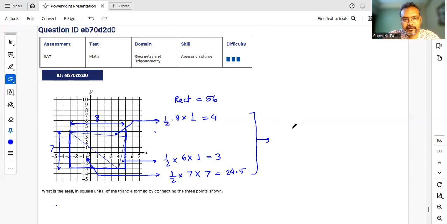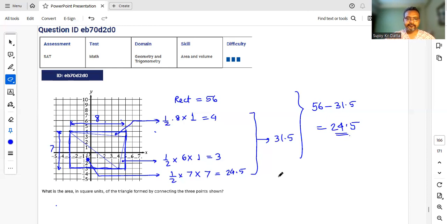So the total area of the three triangles is 4 plus 3, 7, plus this, 31.5. So the required answer is 56 minus 31.5, so 24.5 is the answer. 24.5 square units. So always construct a rectangle all around the shape, whichever shape they have asked. Then you will find that small triangles are there outside. Just remove those triangle areas and you will get the answer.